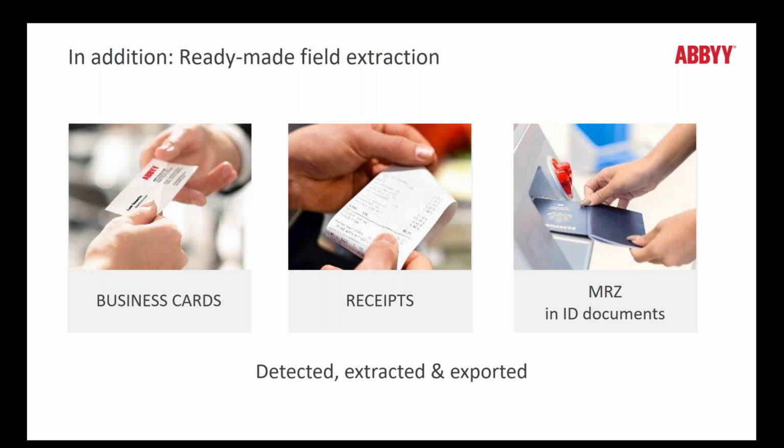So this is actually a data capture scenario where the information is not only extracted; the whole text can be extracted, of course, but the interesting part is that the relevant information gets detected on the document and extracted. In the case of a business card, for example, the value for name will be added to the field name, company to the field company, etc.